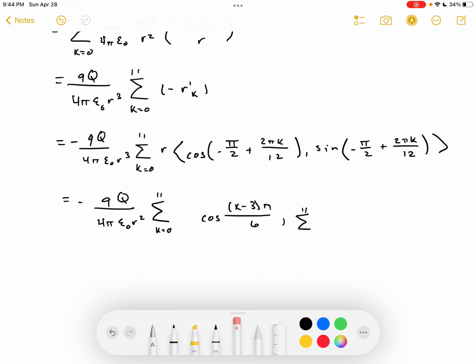I'm sorry, I put my vector sign in the wrong place.